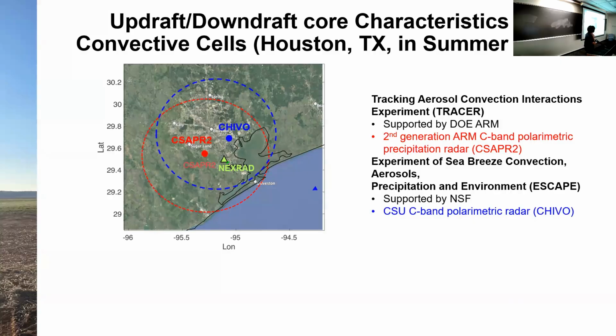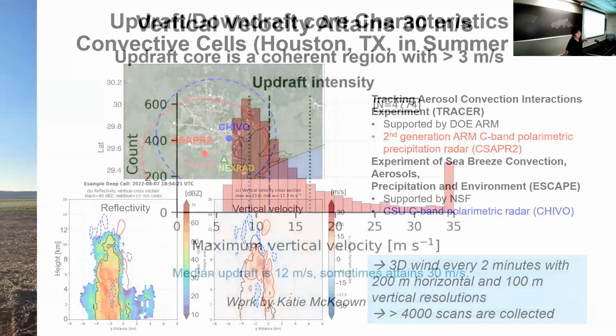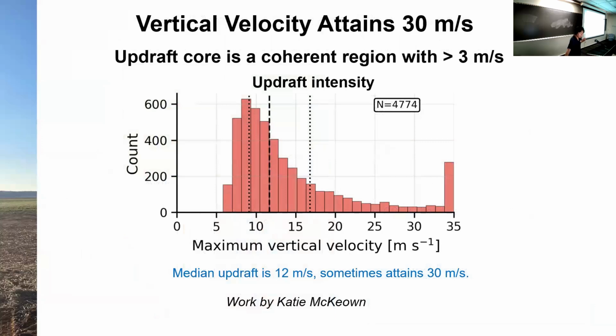We had two radars there, and we optimized scan strategies, and we collected a very nice data set for more than 4,000 convective cells there. The bottom two plots show the initial result for the vertical cross section of radar reflectivity and vertical velocity from the code.